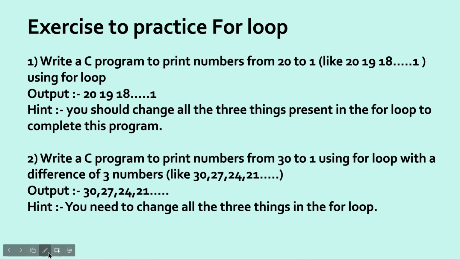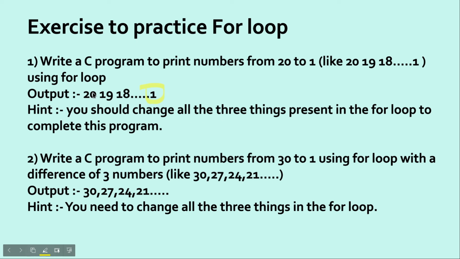So let us say the first program is to print the numbers from 20 to 1 using a for loop. The output should be like 20, 19, 18, 17 till 1. Here you should change all the three values.